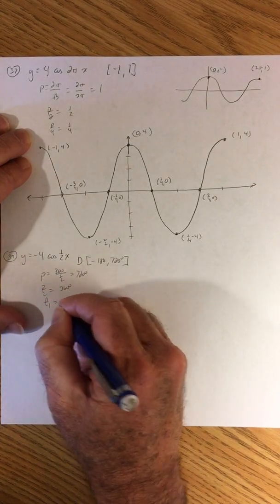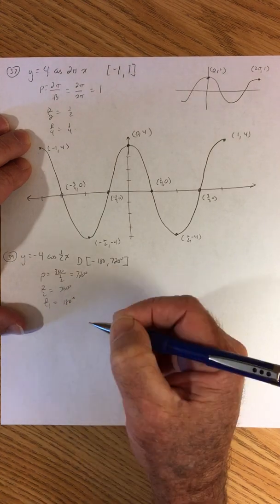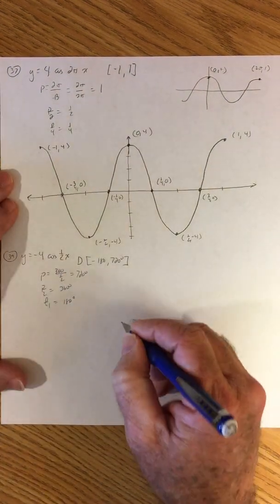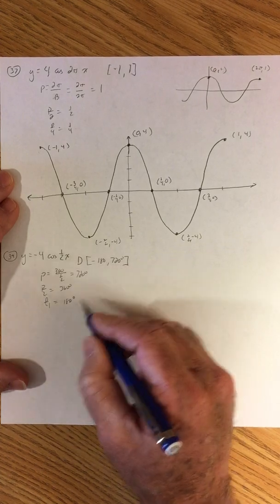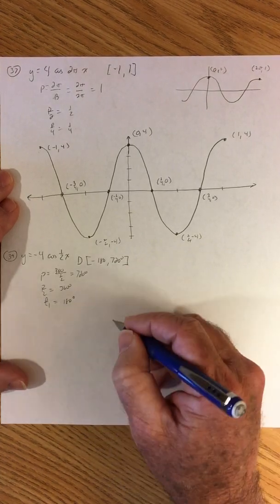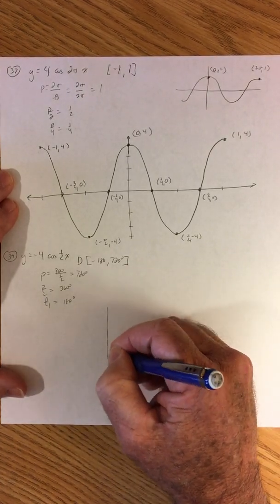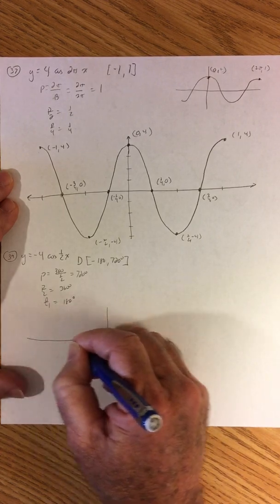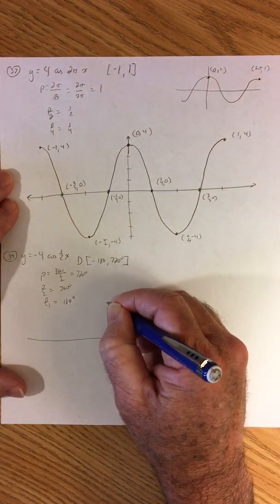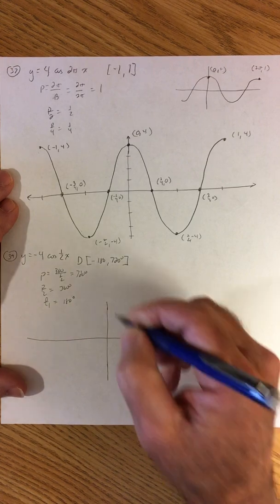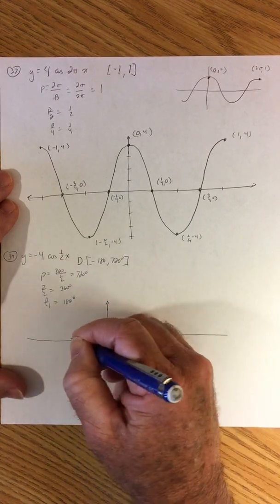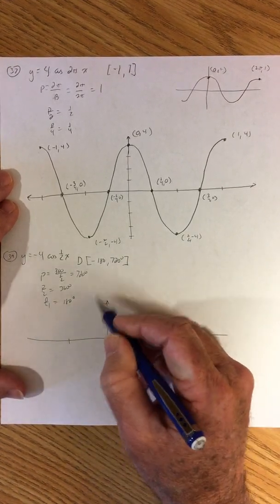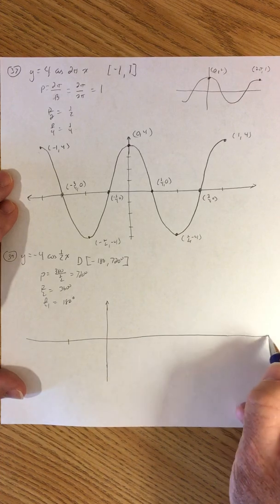Quarter cycle, 180. All right. Negative 180, that's only one tick mark on the left. Okay, so one tick mark, and we're going to need 4 on the right.